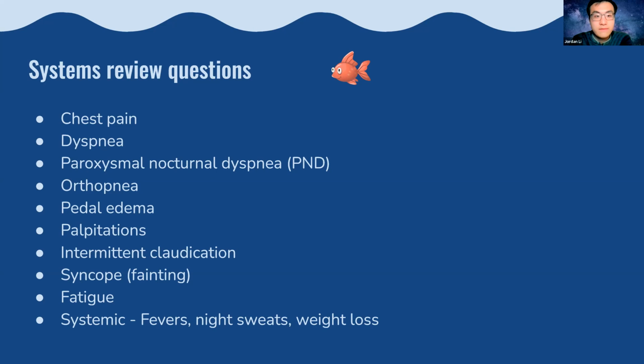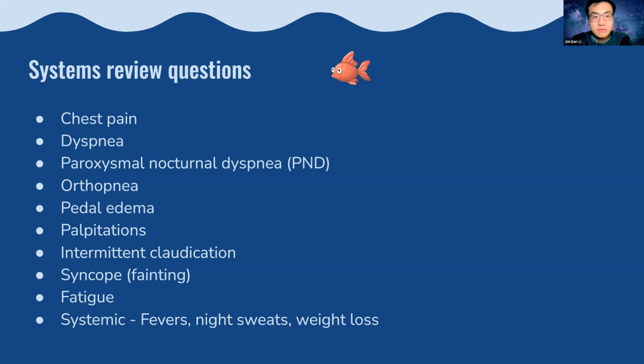So for the cardiovascular system, the questions include chest pain, dyspnea, which is shortness of breath, paroxysmal nocturnal dyspnea, otherwise known as PND. That's when you have attacks where you wake up short of breath at night. And also orthopnea, which is another type of shortness of breath, where you have difficulty breathing while lying down.